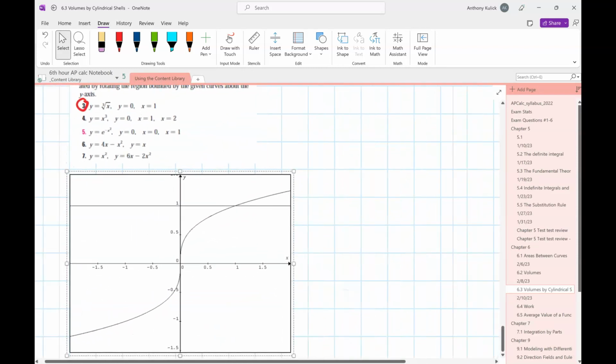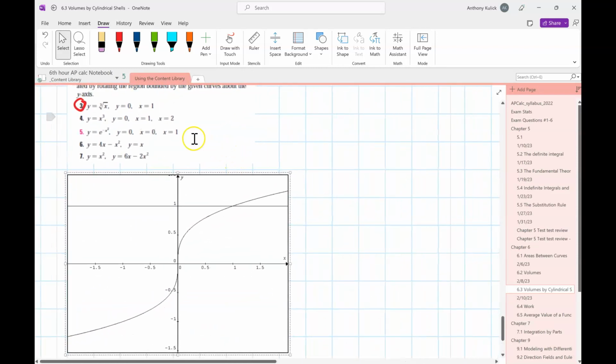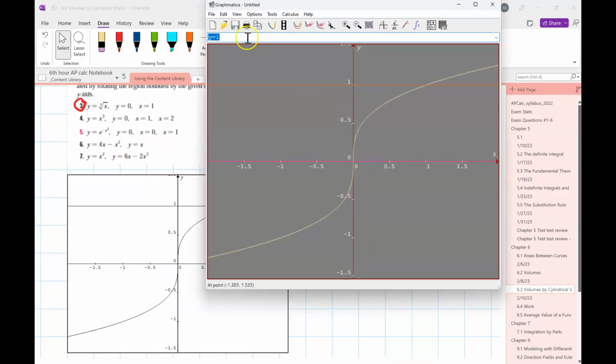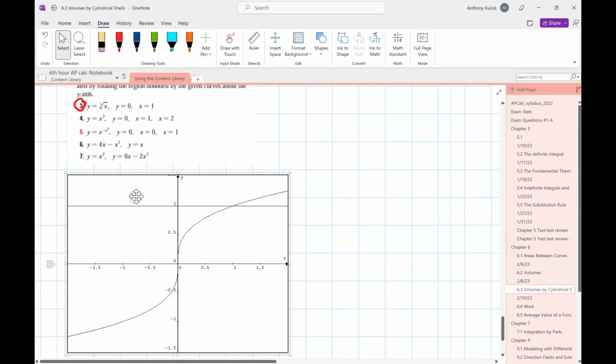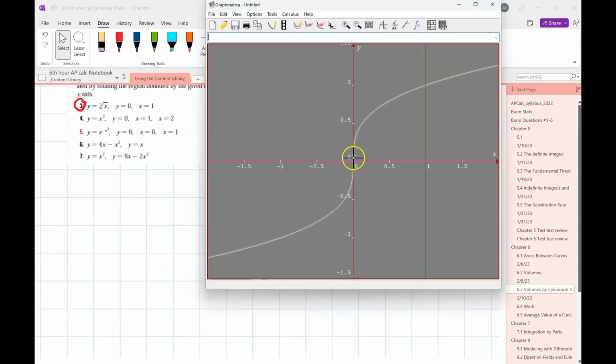Oh, I forgot the x equals 1 in there. It's because I wrote y equals 1. Okay, that picture is wrong. Sorry.